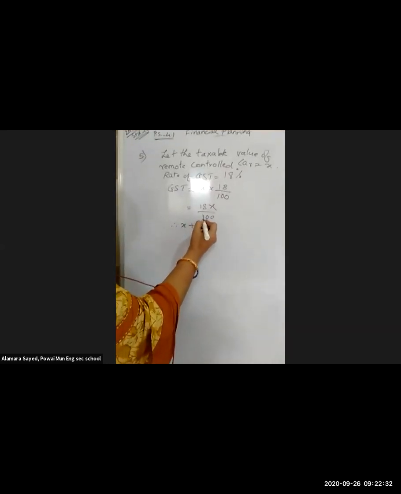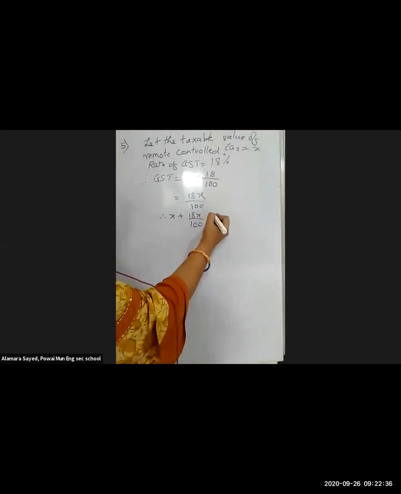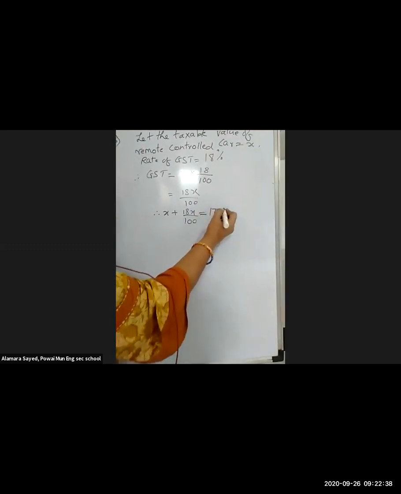So X into 18 upon 100 is equal to 18X upon 100. Therefore, we can say that X plus 18X upon 100 is equal to 1770.